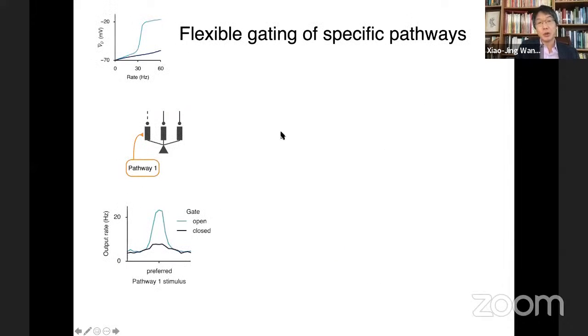That turns out to be important, because if it's just a linear response, the gating will not work as well. So imagine that you have pathway 1 and pathway 2. When the inputs from pathway 1 are disinhibited, indicated by the dashed line, but not pathway 2, then you get in the inputs from pathway 1 but not pathway 2.